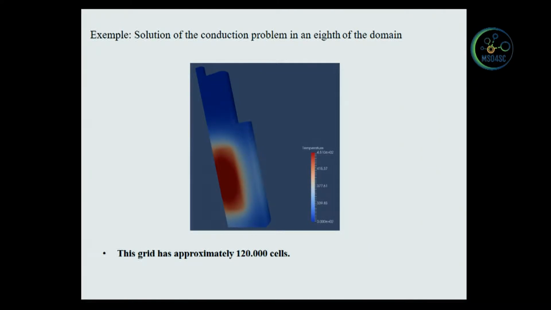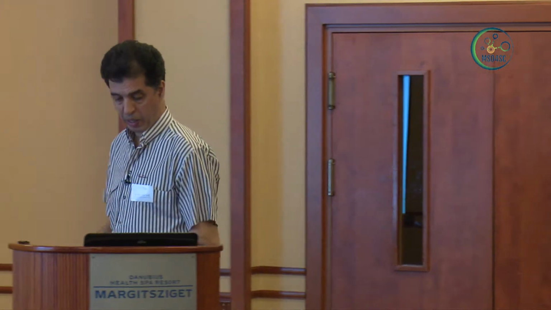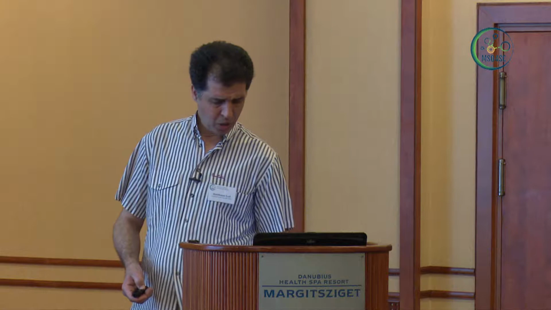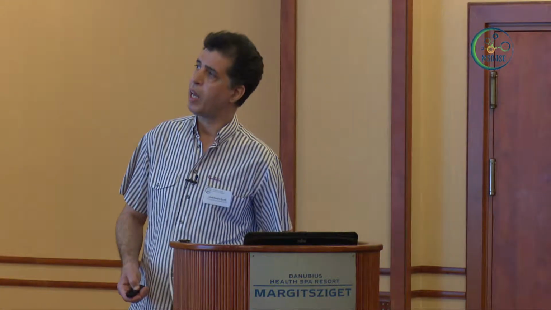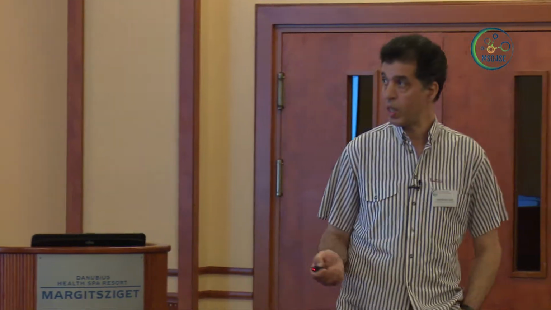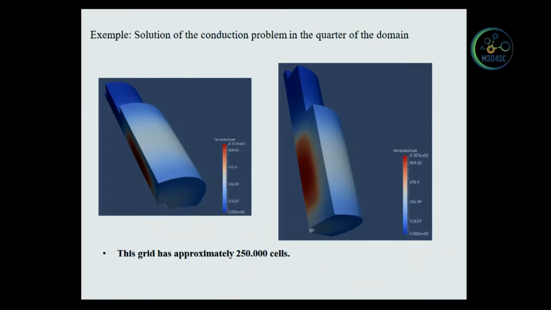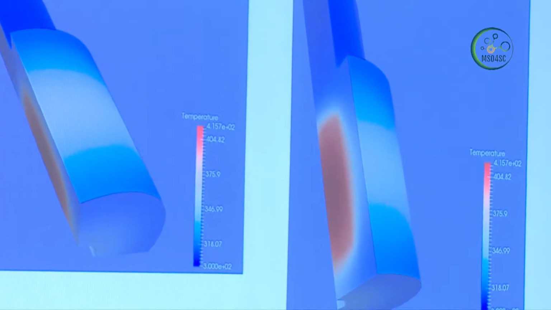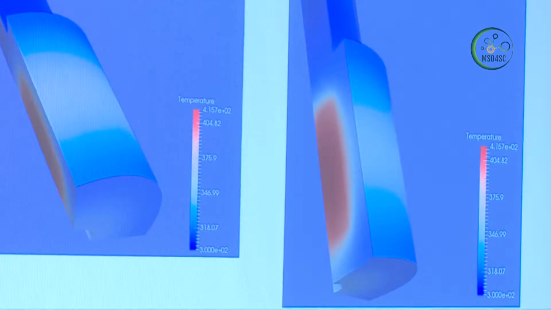It was about 120,000 cells. The same, but here I use the Carter model of the motor, and we have the same behavior of our solution. And here we have used double the number of cells.